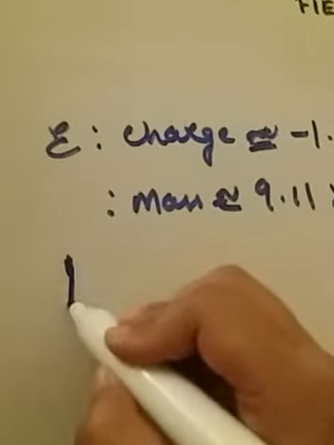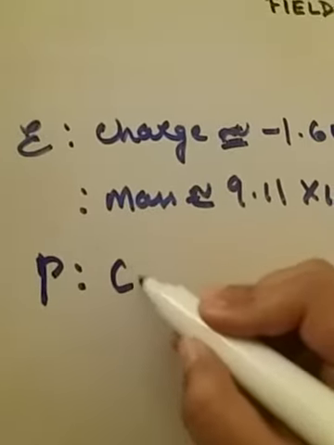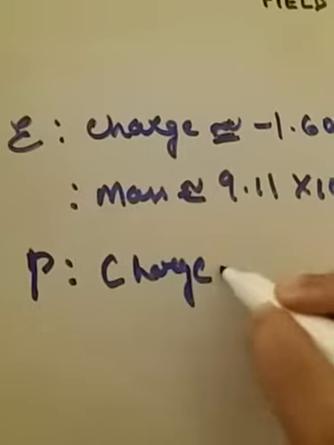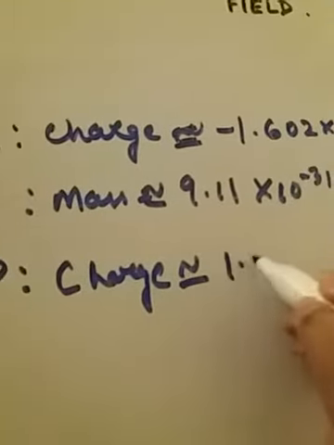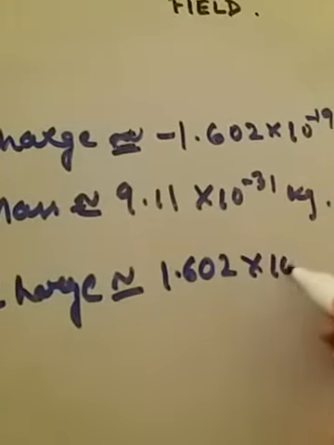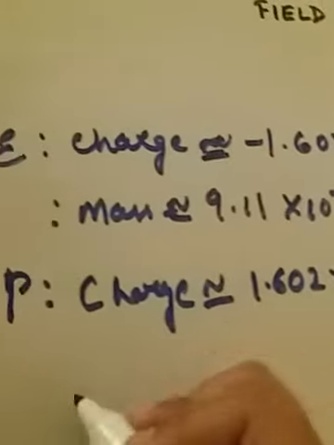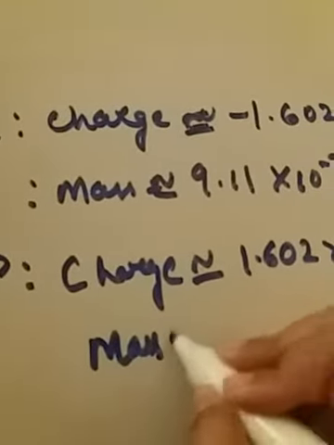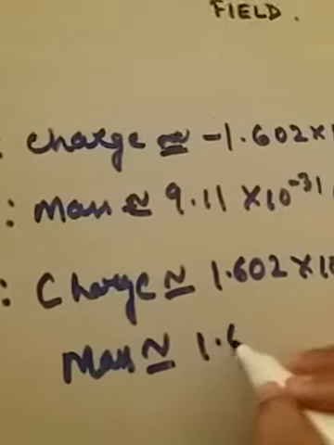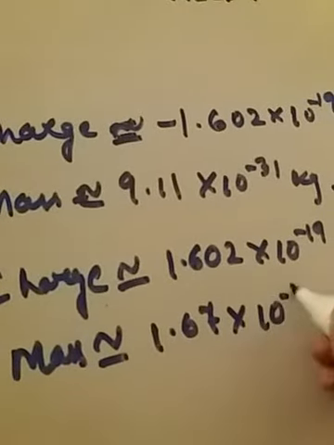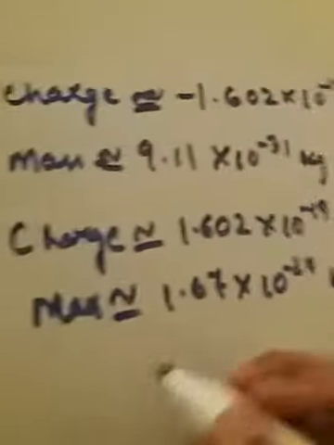Now p means proton. Proton's charge is also approximately 1.602 into 10 to the power minus 19 coulomb. Its mass is approximately 1.67 into 10 to the power minus 27 kg.